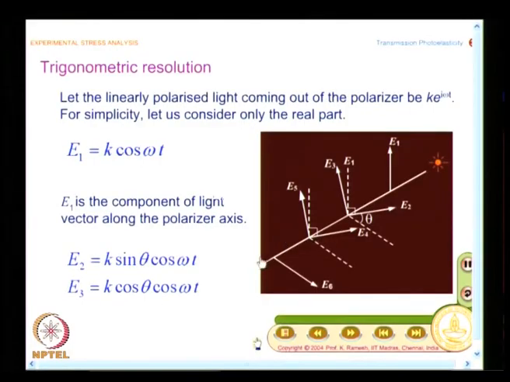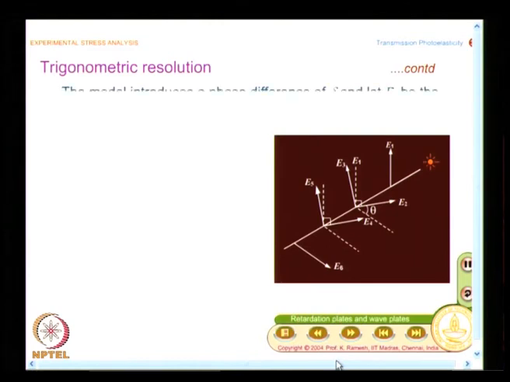This is for our convenience. Keeping in view that I am going to develop Jones calculus, where the matrices will look nicer, we will take the choice of minus delta by 2 in the slow axis and plus delta by 2 in the fast axis. That is just for convenience. Mathematics is not going to change. So, that is what we will do now.